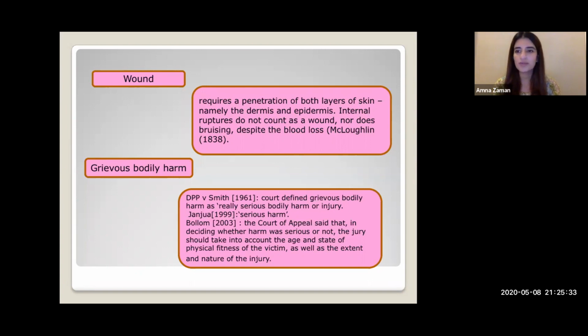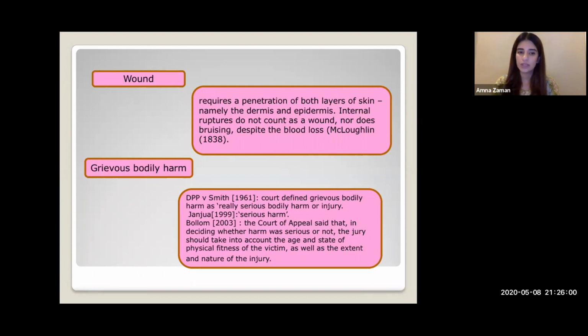Now, this was not a very helpful definition. However, in 1999, another attempt was made to define grievous bodily harm in the authority of Chanjol. In this, the Court of Appeals said that grievous bodily harm means serious harm. This was once again not a very clear definition of what would amount to grievous bodily harm.